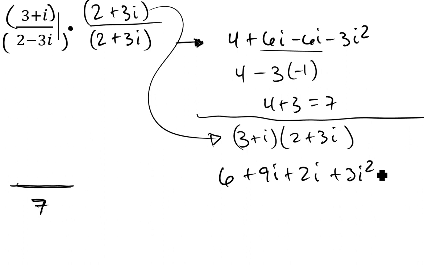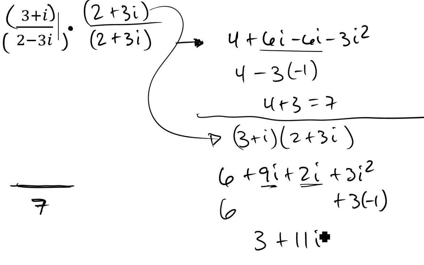Well, this i squared is -1, so this is a plus 3 times -1, or minus 3. When I combine that with the 6, that's going to give me a 3. So I'm going to have a 3 for my real part. For my imaginary part, I'm just going to combine my 9i and my 2i, which is a plus 11i. So the final simplified form here is 3 plus 11i all over 7.